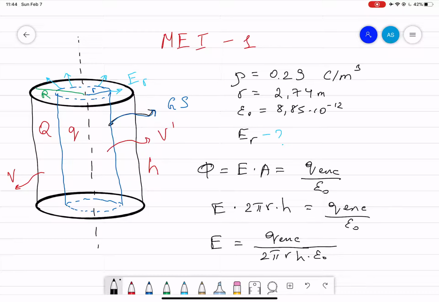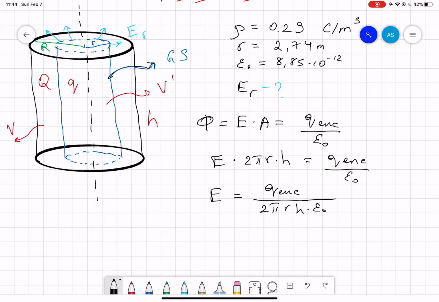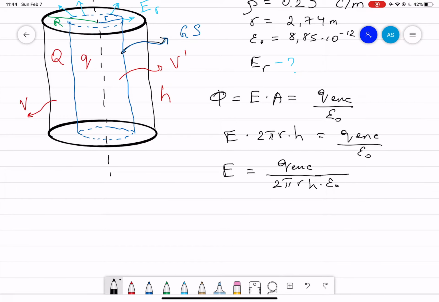Now, how can we find the charge inside this Gaussian surface, or inside the cylinder at a distance of small r? We know that charge is proportional to the volume, right?